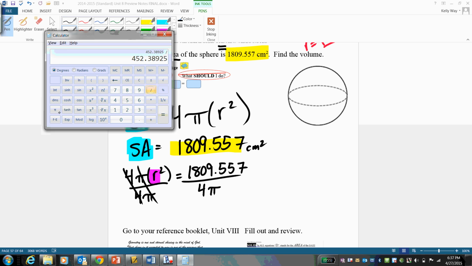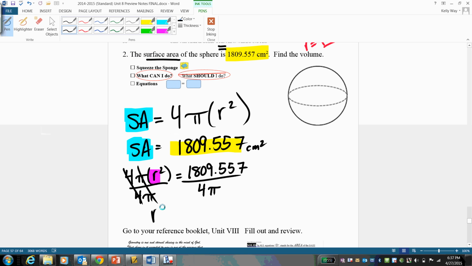Then I'm going to divide by pi. Okay, take a look here. See that 99999? So that technically means this could be a whole number. So I'm going to have r squared equals 144.